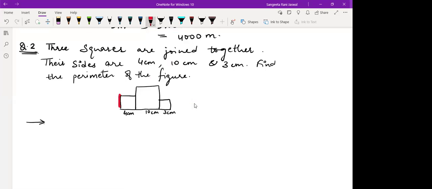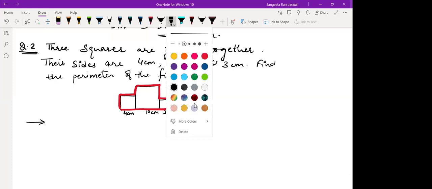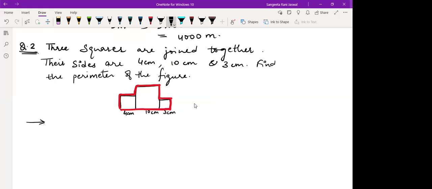You will take the length of this side, this side, this side, this side, this side, this side, this side, and this side also. So you will take the sum of all outer sides.